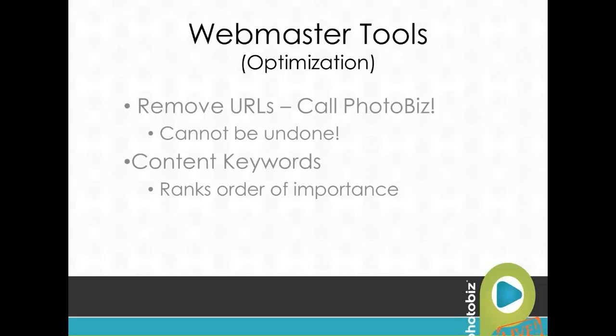As far as the content keywords are concerned, it's really more a matter of ranking in the order of importance. Now, what I would say to that is utilize the keywords that you most strongly want to be represented by. And I think for most folks, it's usually a demographic and a type of service that you provide. So Oklahoma wedding photographer, New York City newborn photographer, things of that sort.